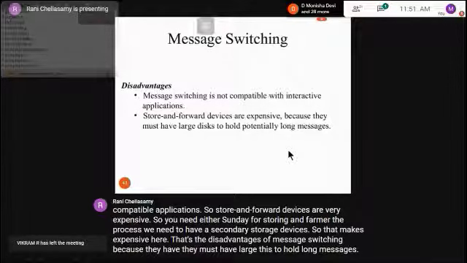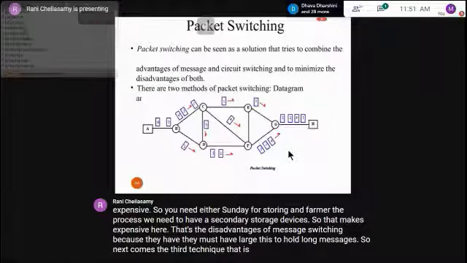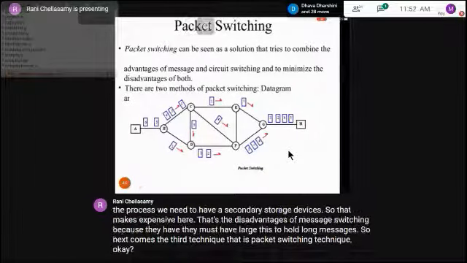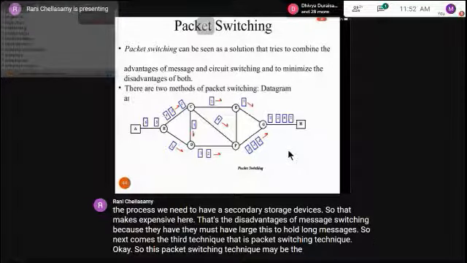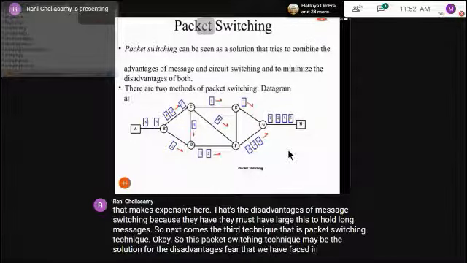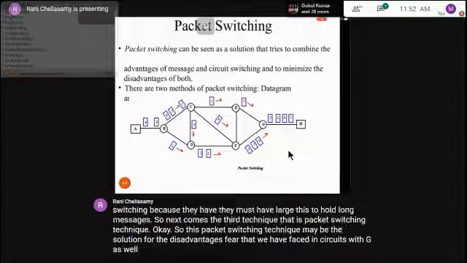Okay. So next comes the third technique, that is the packet switching technique. This packet switching technique may be the solution for the disadvantages that we have faced in circuit switching as well as message switching.